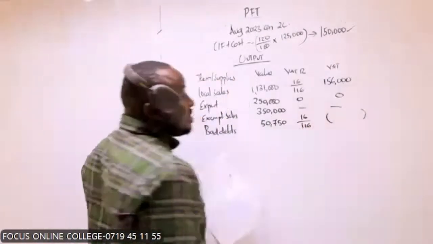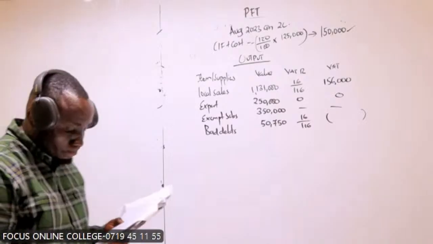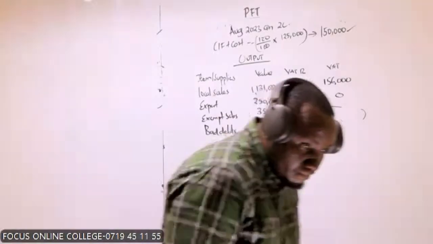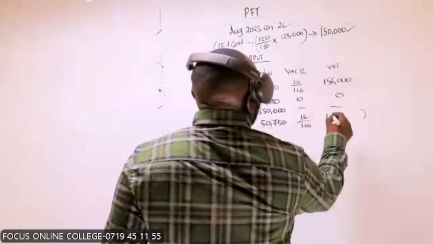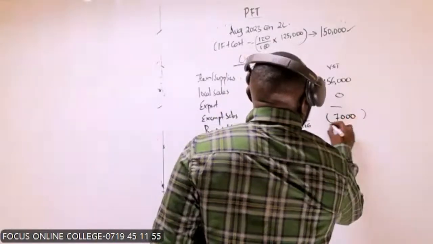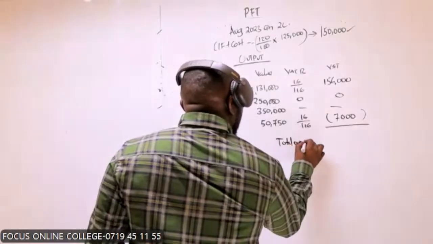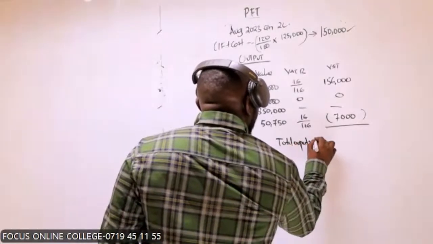So what is that? Get me that. Okay. So we have what's called the total output VAT.